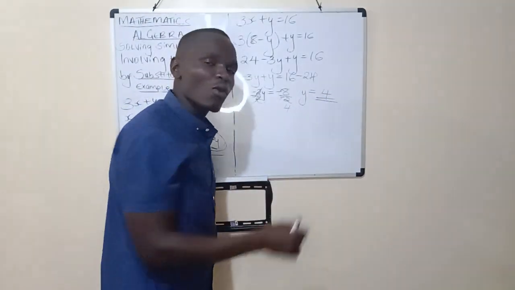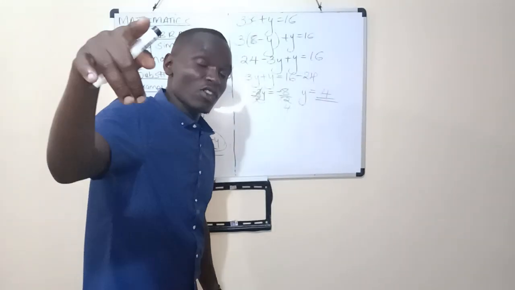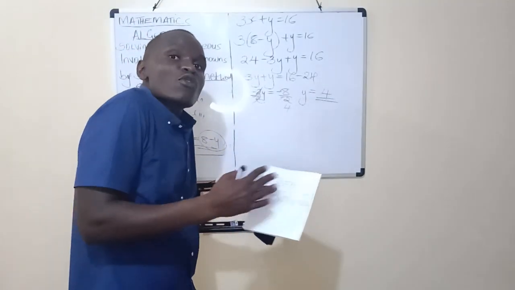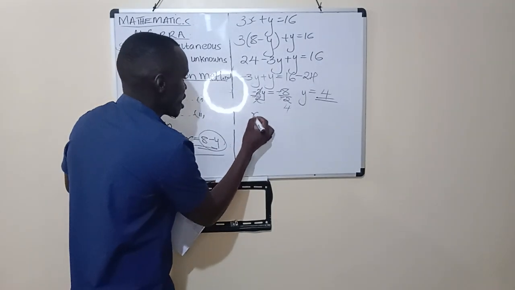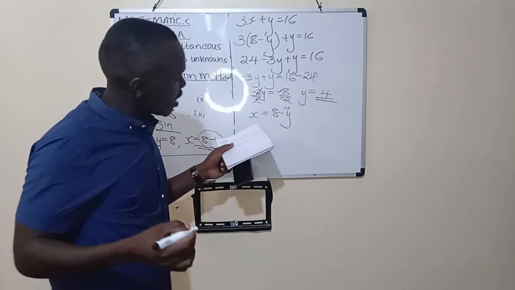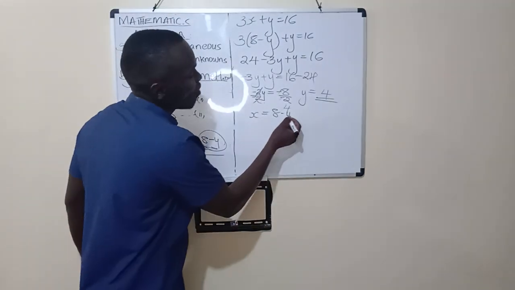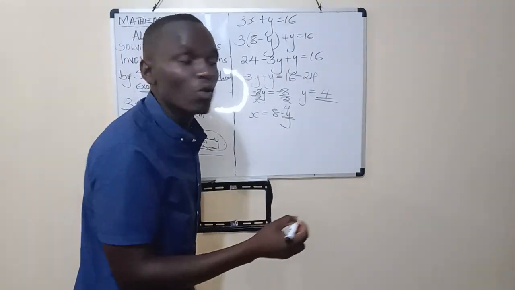Then from here, we have to replace now y from the first equation that we expressed x in terms of y. What do I mean? Remember, we had an equation here, x equals to 8 minus y. Now, having an equation x equals to 8 minus y, it means we have to replace the value of y, which is 4.